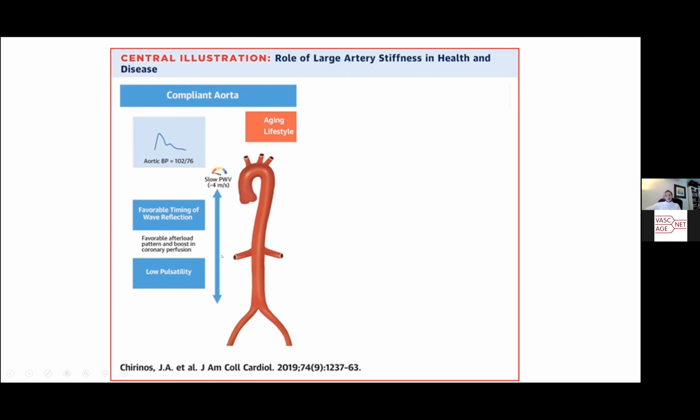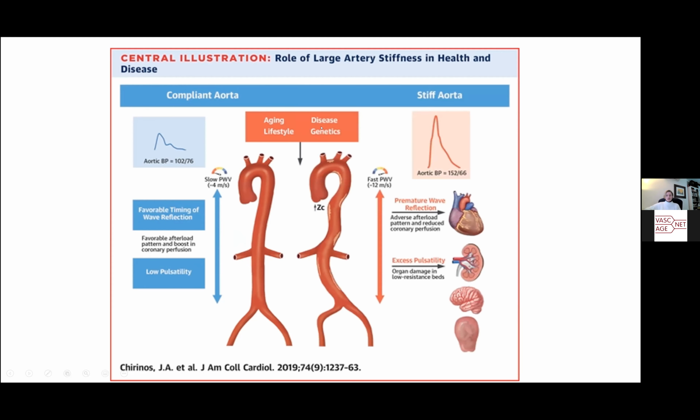And based on this timing of the arterial wave, you have a favorable reflection of the pulse wave, where the backward and forward waves are in a favorable timing, not to cause further harm and damage to, for example, in this case, the heart, and having a lower pulsatility because of this elastic and compliant aorta.